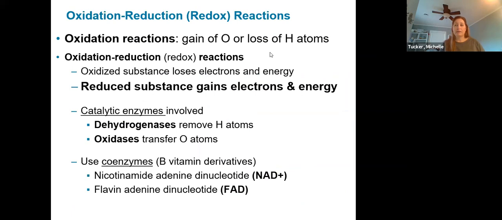Most metabolic reactions are what are called redox reactions. In a redox reaction, they're always paired. There is a substrate that is getting oxidized. And when we say oxidized, they are losing hydrogen atoms.